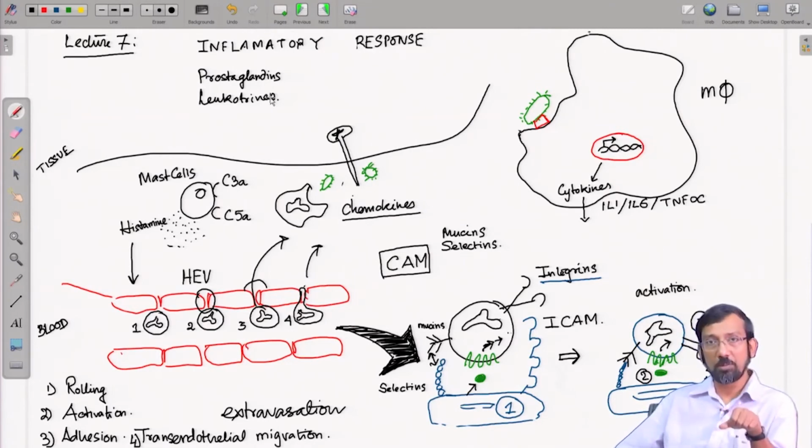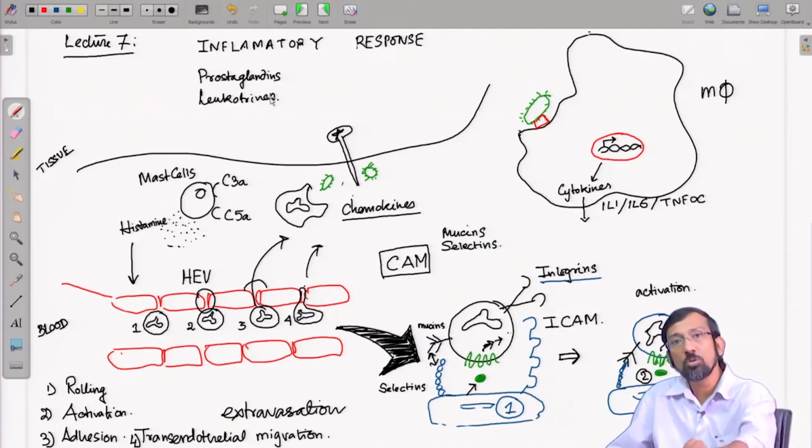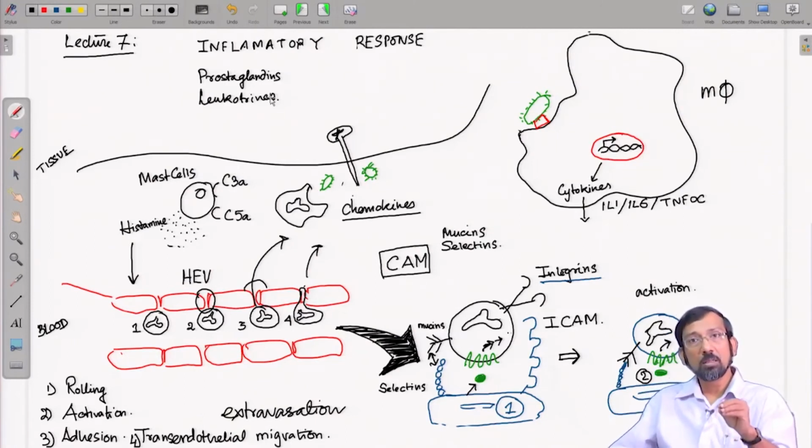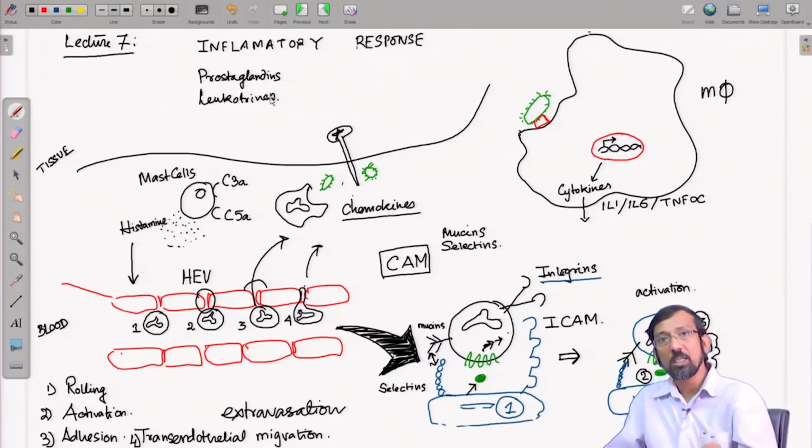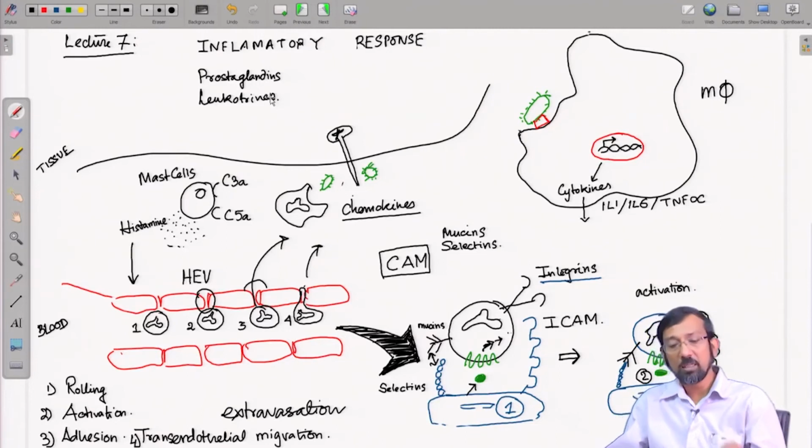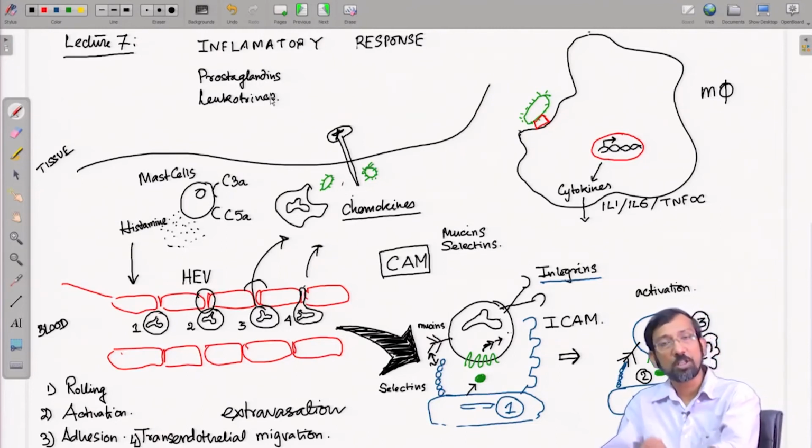So, the process of inflammation primarily starts with migration of the leukocytes, primarily the neutrophils. The neutrophils have a major role in inflammation because they are the fastest acting cells of the immune system which go to the site of action. The movement of the neutrophils from the blood to the site of action is primarily assisted by specialized cell adhesion molecules and certain chemoattractants like the chemokines, for example.